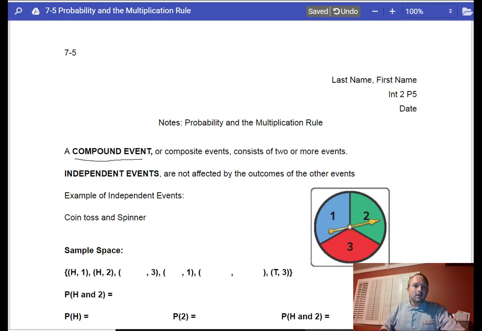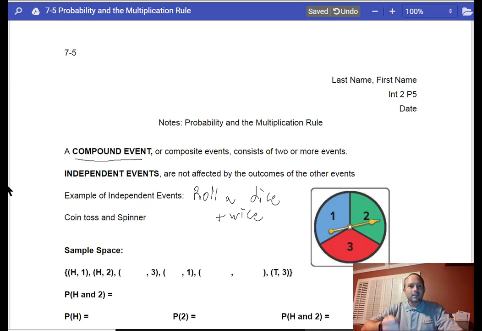Next up, independent events are events that are not affected by the outcomes of other events. So some examples of independent events would be, roll a dice twice. You could also do a coin toss and a spinner.